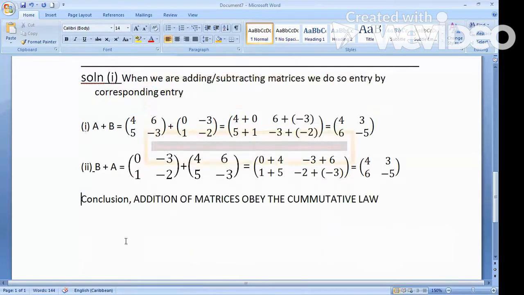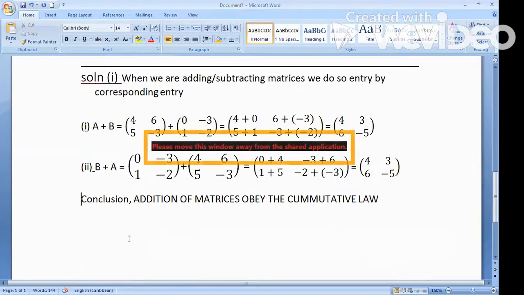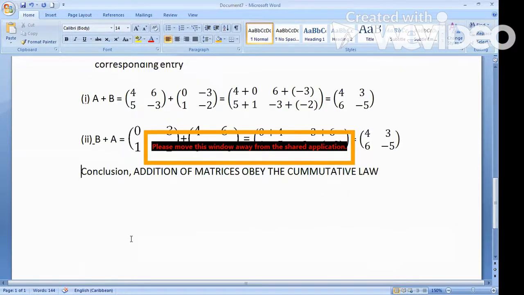When you add numbers and spin them around, you end up with the same thing. The ability to do that and get the same thing is called the commutative law. Any questions?